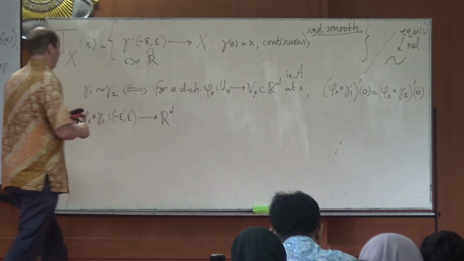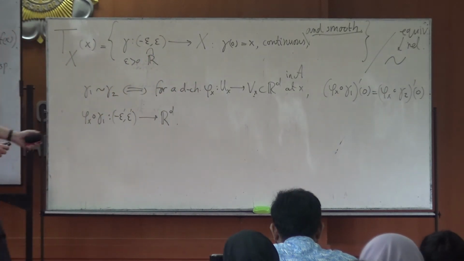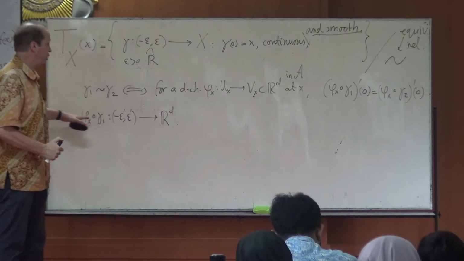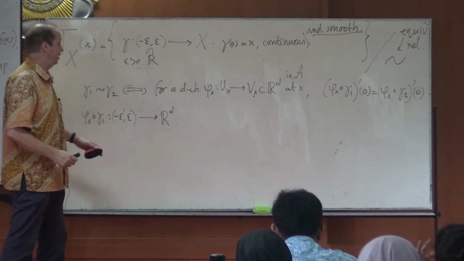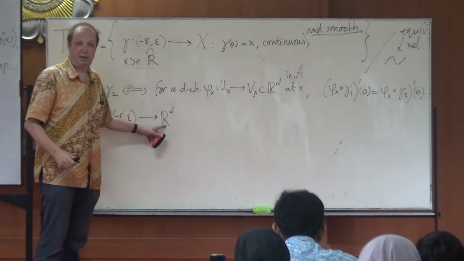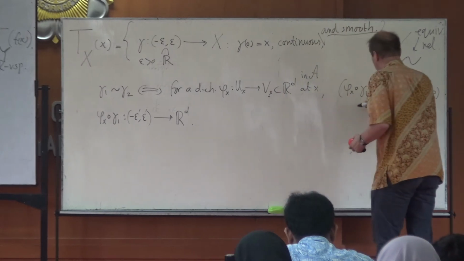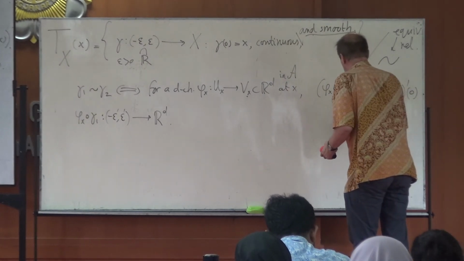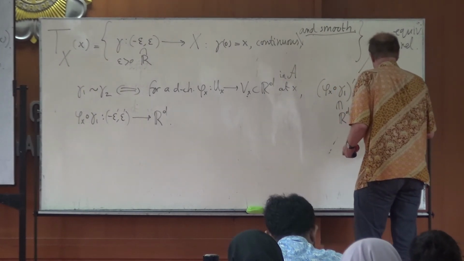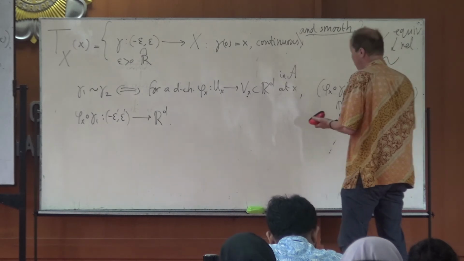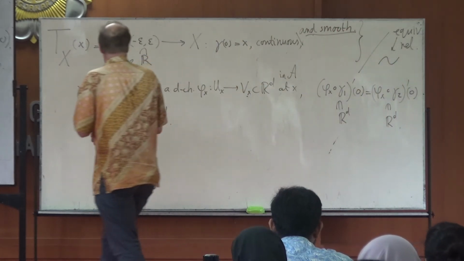And so also for the other one. So here the derivative of my differentiable map at 0 is a vector in Rd, right? This is in Rd. This is also in Rd. And that is the tangent space, right?